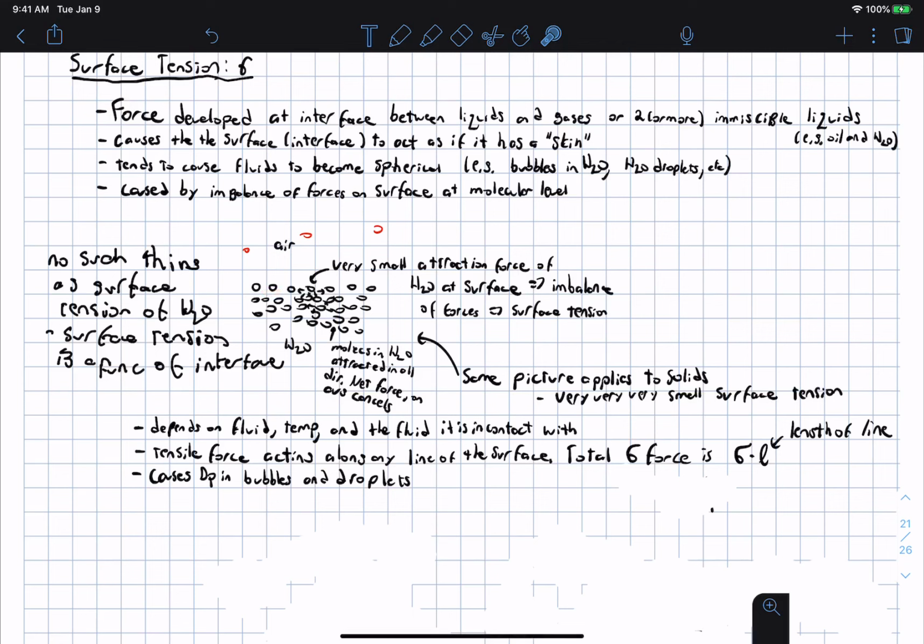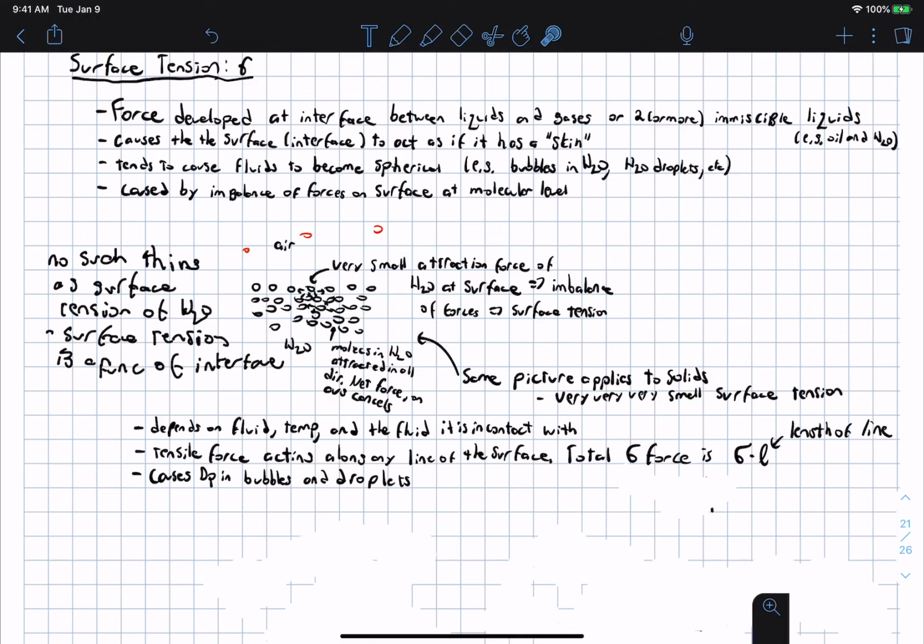Okay, and so surface tension basically causes a tensile force acting on the surface, and the surface tension is denoted by sigma. That's not to be confused with normal stress in the stress tensor. And the magnitude of that force is the surface tension times a contact line on that surface, and I'll draw what that means in a few minutes.